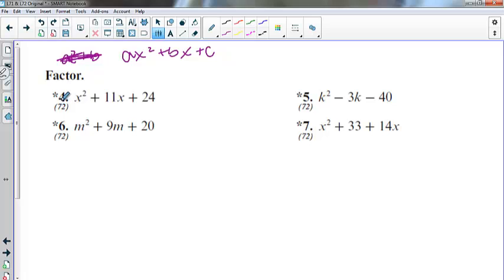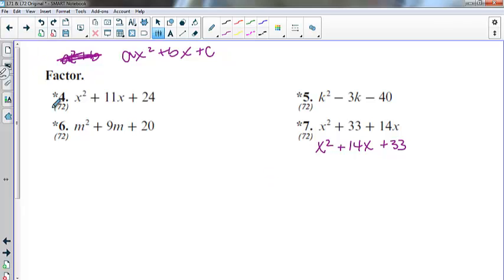Is 4 in that form? Yes. Is 5? Is 6? Is 7? No. How can I write this so that it is? Now, which term am I trying to multiply to get?